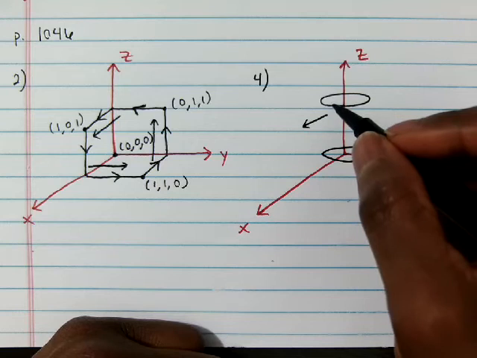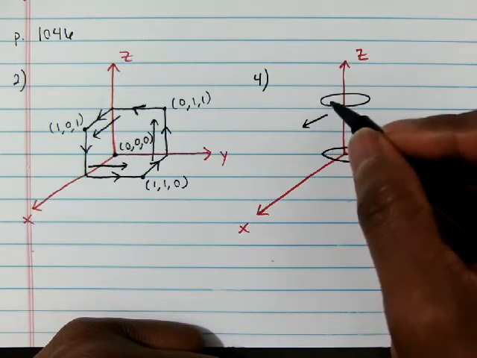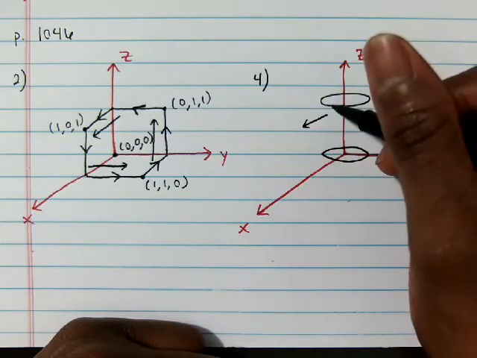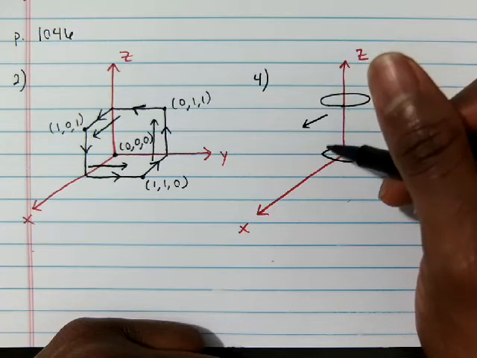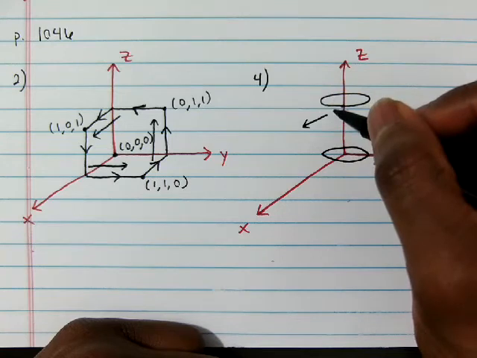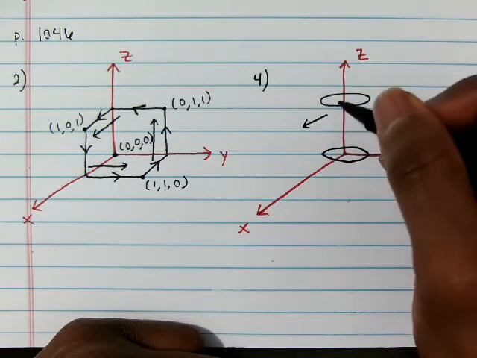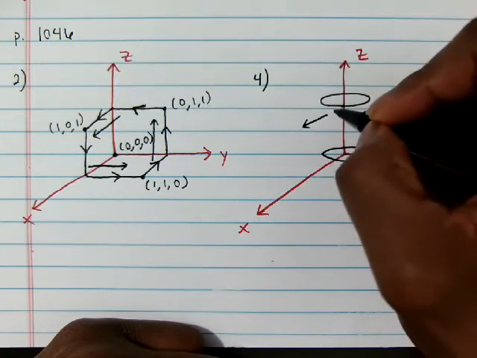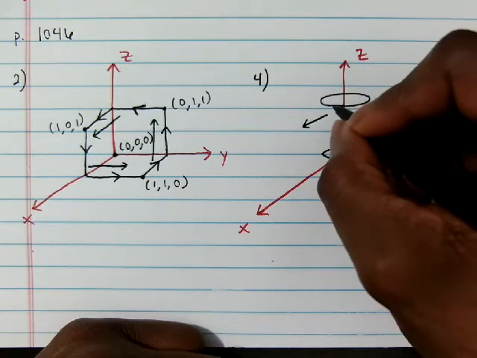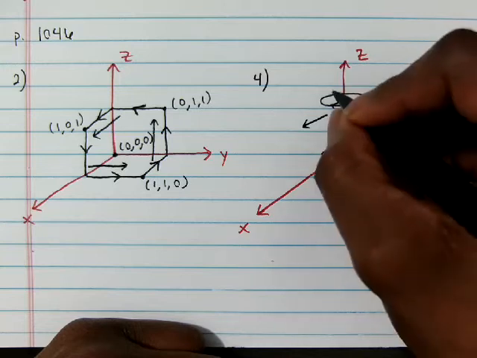So now, if we were on this part of the boundary curve right here and our head is pointing in the direction of that normal vector, which way would we have to walk to make sure the surface was to our left as we walked? We would end up having to walk to keep the side of the cylinder to our left. We would end up having to walk in this direction.